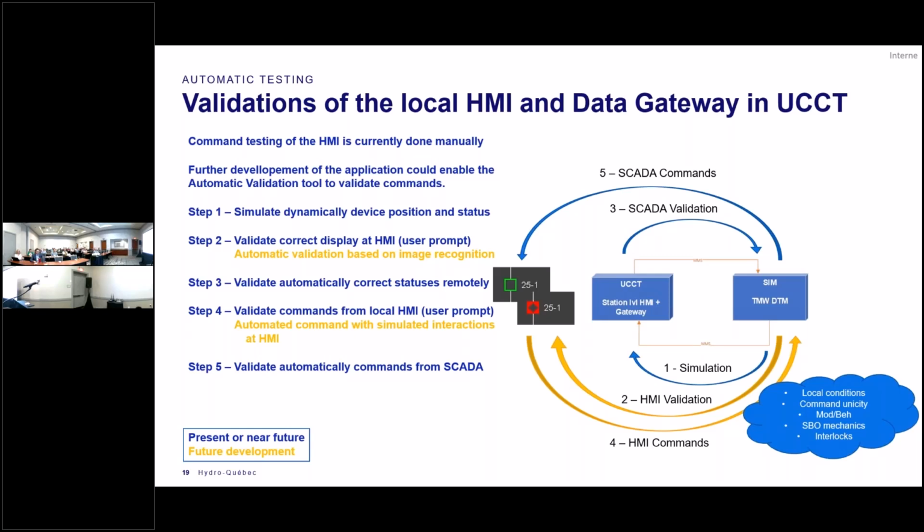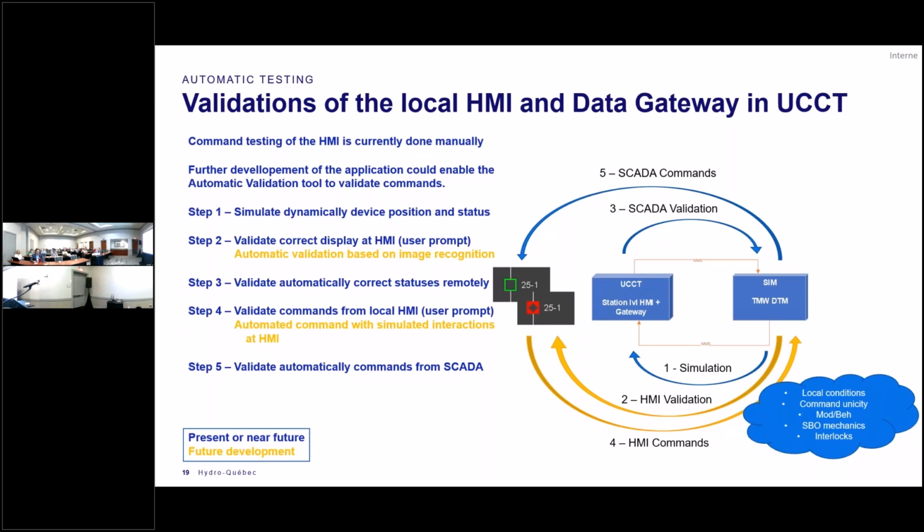But with the validation of the IEDs, or even with the real IEDs, it would have been possible to simulate the commands. And we were looking as well at different image recognition software to complement it, in order to validate the position of a breaker. We could do the remote commands automatically, and the local ones would be done by someone who tests, but they would be accompanied, sorry for my English, taken by the hand, just to open the breaker.